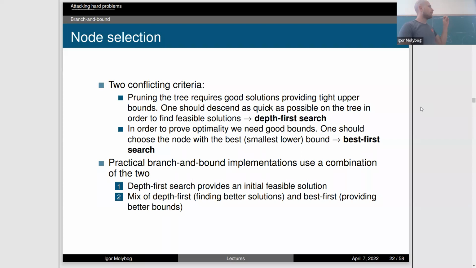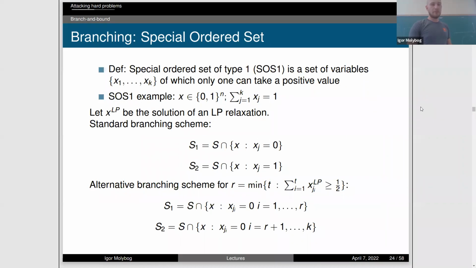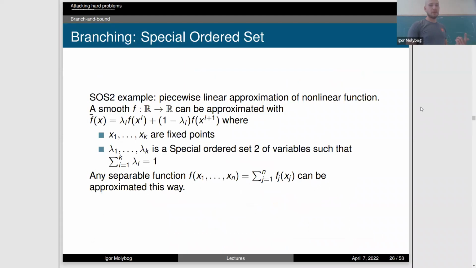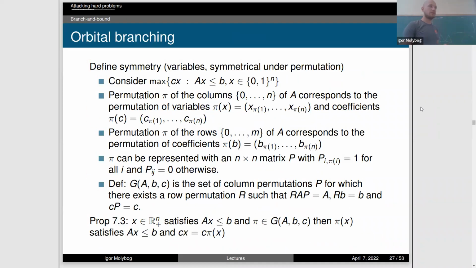That is being exploited in practice. And I believe we did take a look at the pseudo-cost branching last time, right? Did we speak about special order sets? I think so. We stopped on orbital branching, right?